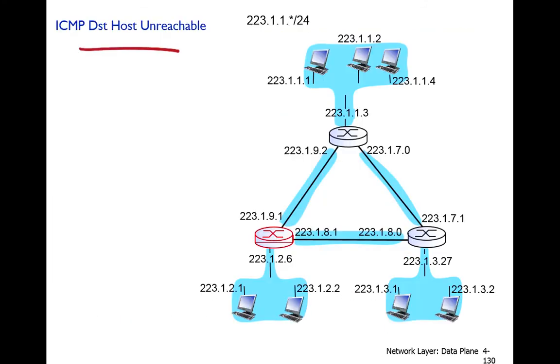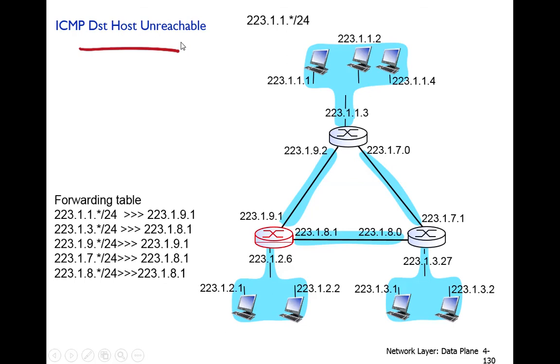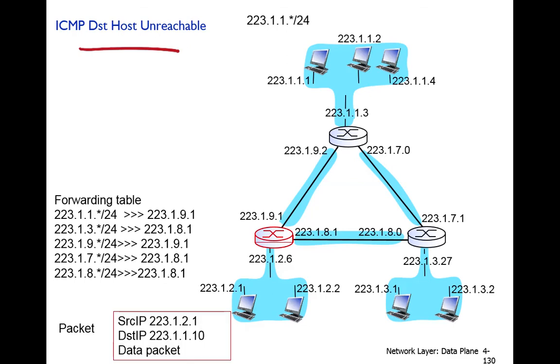Now we are going to discuss another type of ICMP message, called destination host unreachable. Suppose again that this is the source machine, and it generates a data packet. Its source IP address is 223.1.2.1 and destination IP address is 223.1.1.10.